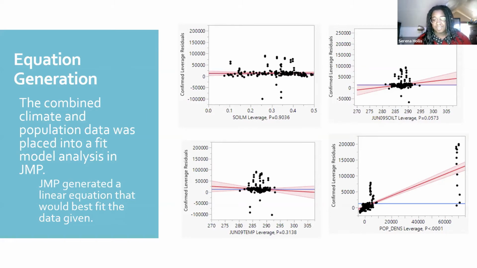So from here, you can actually see which variables would affect the prediction model the most. And on the bottom, you can see that it has P equals, which is basically the amount of leverage that variable has, and the lower the P value, the higher the leverage that it has. So obviously, population density is going to have a big effect on how many COVID cases there are, but temperature also had a big effect on the number of cases as well.